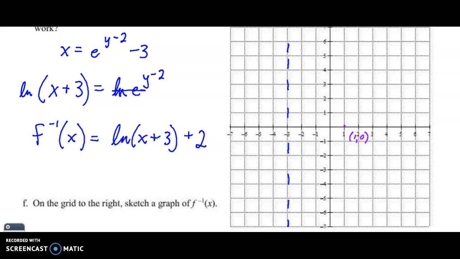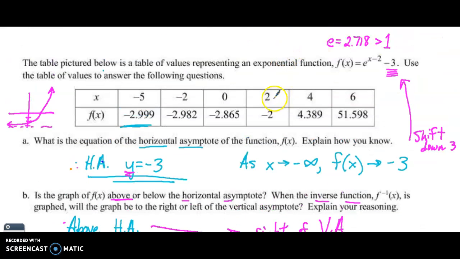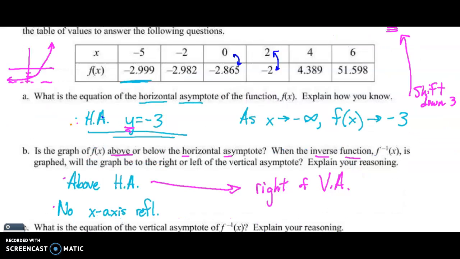So if you look at this, you can say, okay, well, let's take that point and shift it left 3 and up 2. And what you should notice is that the x and y value that we had earlier, 2, -2, switched to -2, 2. And you could do that for more values as well, like -2.865, 0.